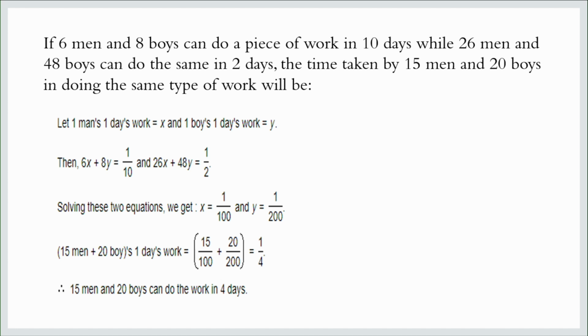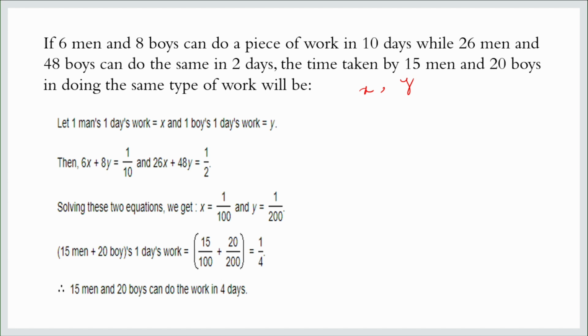6 men and 8 boys can do a piece of work. Now we are going to calculate the men's work in one day, which we don't know, say it is x. Boys' work in one day, say it is y. Understand?